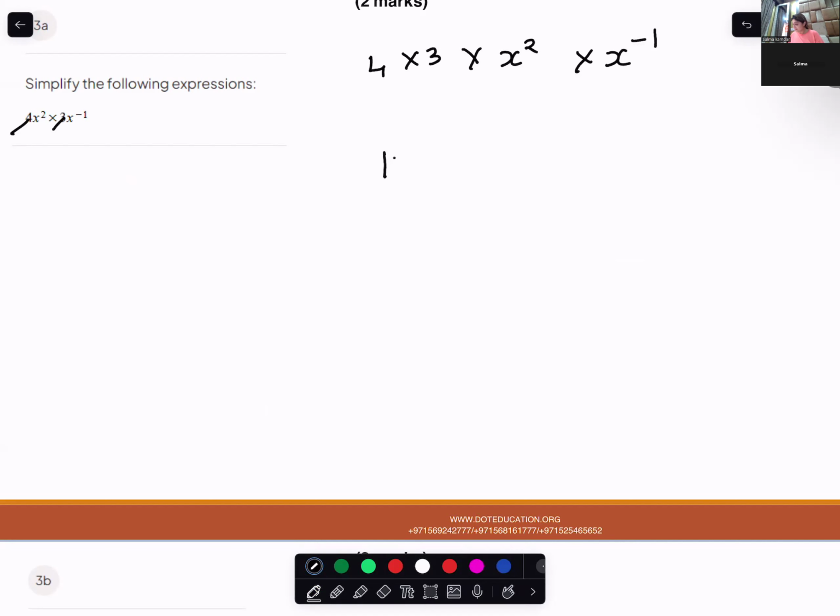So this becomes 12. And over here, I can use my law of indices: a raised to m into a raised to n will make it a raised to m plus n. So this will become x raised to 2 plus minus 1, so 2 minus 1. So the answer will become 12x.